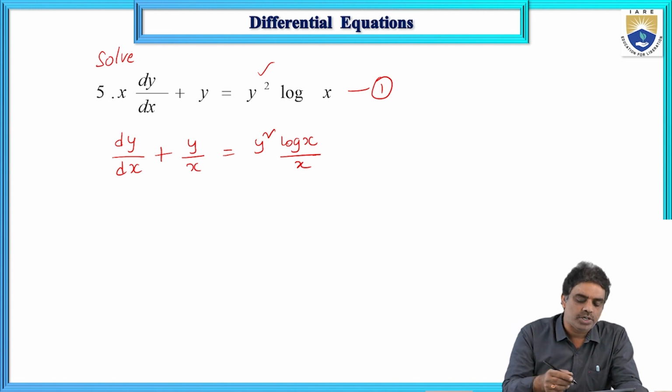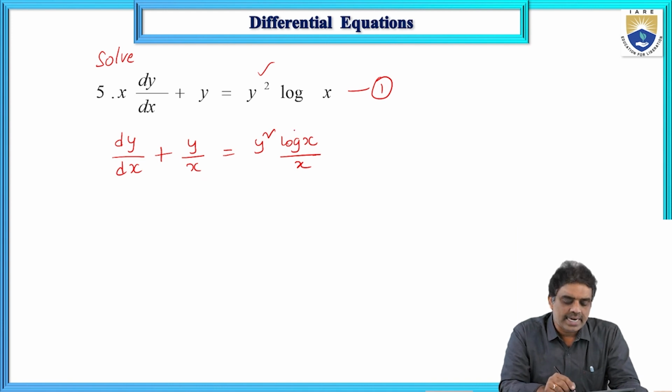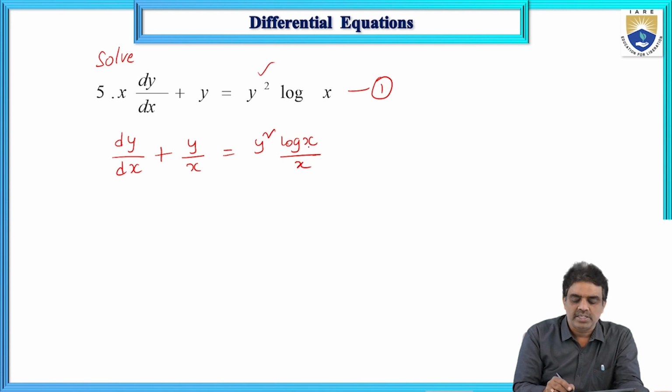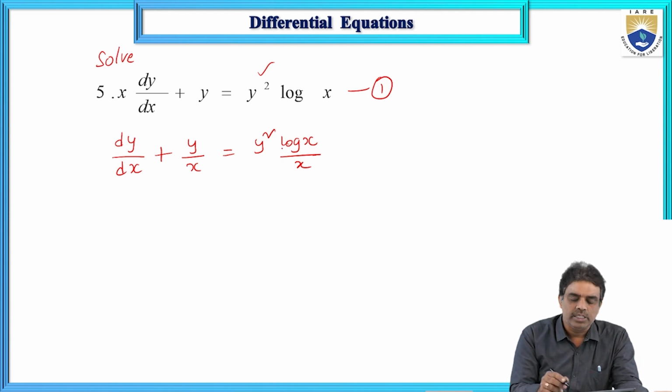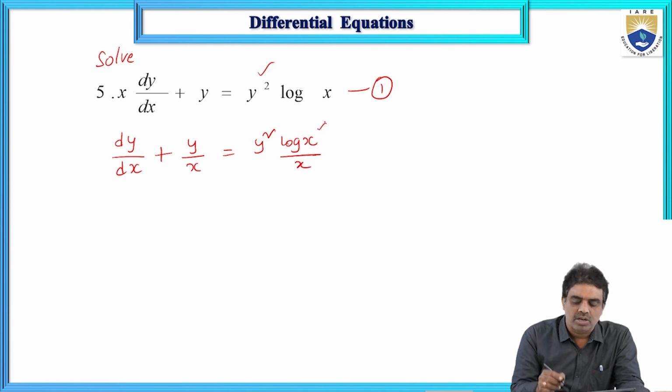Now our aim is to reduce the equation to linear form. So first I write the standard form of Bernoulli equation: dy by dx plus py is equal to q into y power n. Now to solve the Bernoulli equation, we need to divide with y square also. To make the right side a pure function of x, we have to eliminate y square.